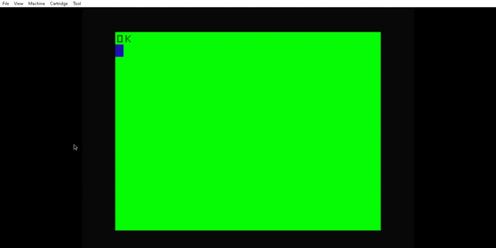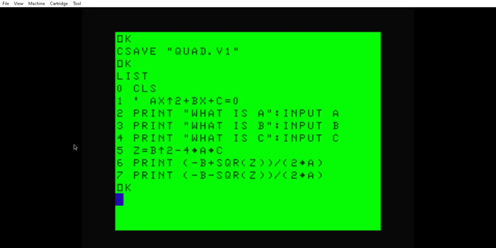So I'm gonna do a C save. I'm just gonna call it quad version 1. Very short program. Only a few lines. I'm listing it out right now. I'll include this in the code if anybody wants to play with this. It works. It just loses a little bit sometimes.